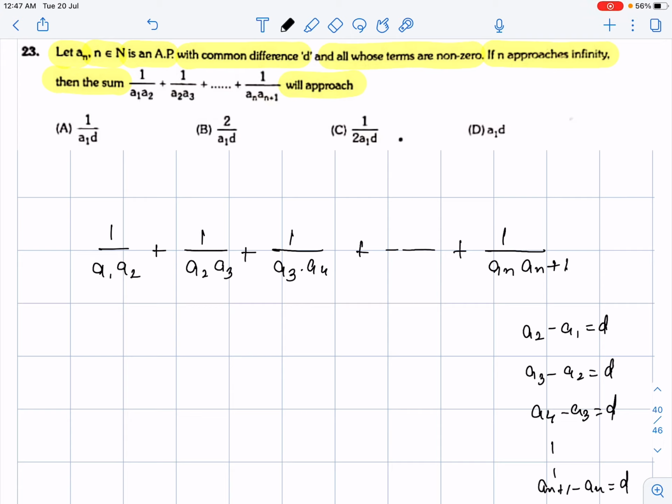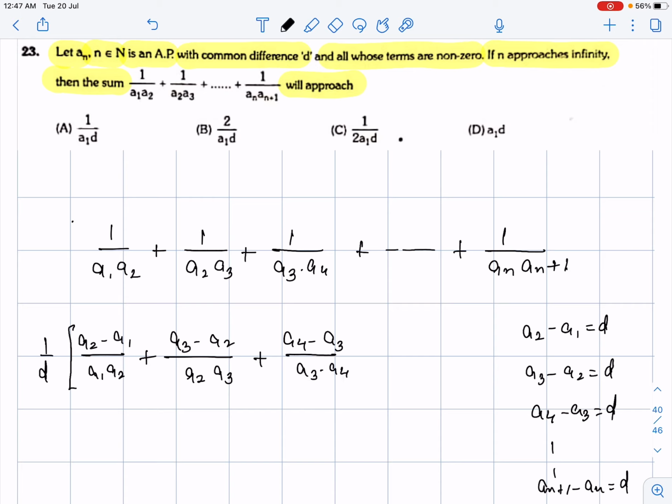So I want the simplest answer. I'm going to multiply and divide it by D. First time I'll write the value of D as a2 minus a1, second time as a3 minus a2, third time as a4 minus a3, and likewise and so forth, for the nth time I'll write it as an plus 1 minus an divided by an dot an plus 1. Hope you guys got my point.